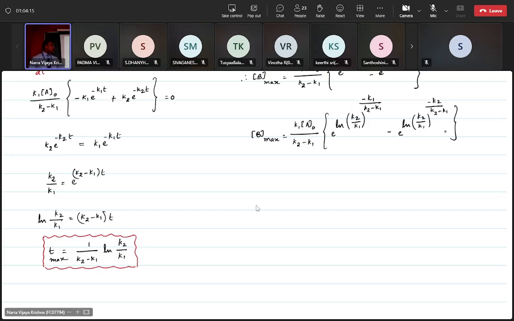What happens to e power log term? Or e power log x?